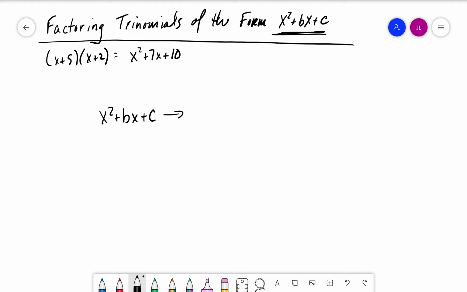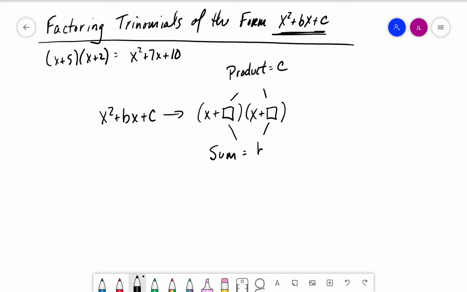If we want to factor this, we have an x here and an x here, because x times x is x squared. But we're going to have a number here and a number here that we don't know. The product, when we multiply these together, has to equal our c value. But also, the sum has to equal our b value.